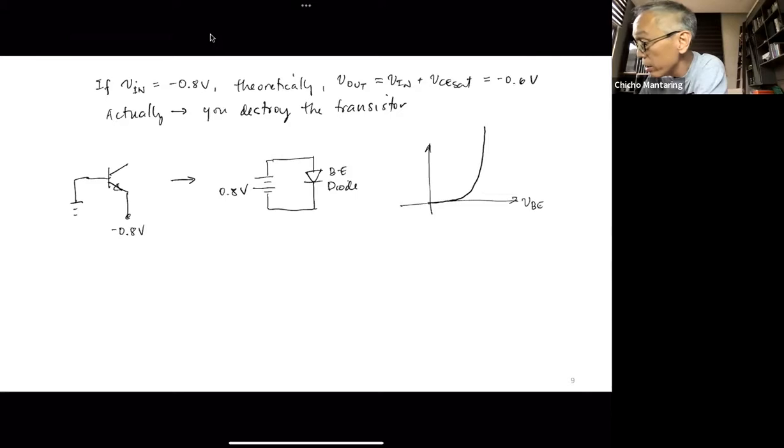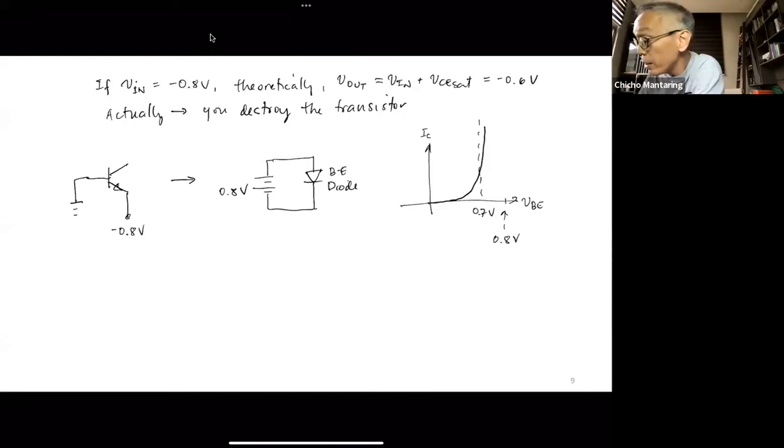If this is silicon, this can be IB or IC, let's just say IC. If this is silicon, approximately, this is going to be 0.7 volts. Where is the 0.8 here? Where is my operating point going to be?